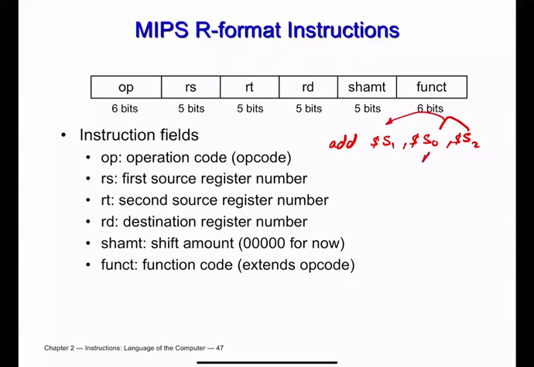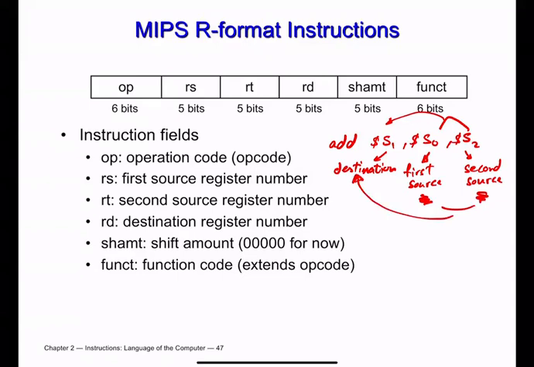I may refer to this as my first source, this as my second source, and this as my destination. So I'm adding my first source to the second source and putting the result in a destination. That's fine. This is what we can understand by decoding it in our brain, by reading it and interpreting it in that way.